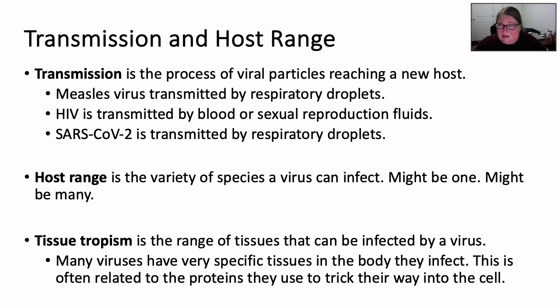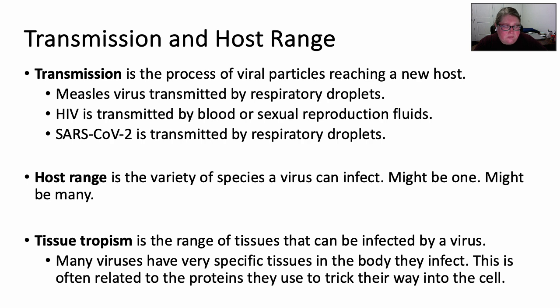They use the proteins on the outside of their capsid, which are specific or close enough to specific molecules that bind to receptor proteins on the outside of our cells. This is how they trick their way into the cell, by binding to these receptor proteins. So they have to have specific receptors in these tissues in order to gain entry. This is why we have tissue tropism: they can only infect tissues whose cells they can gain entry into.